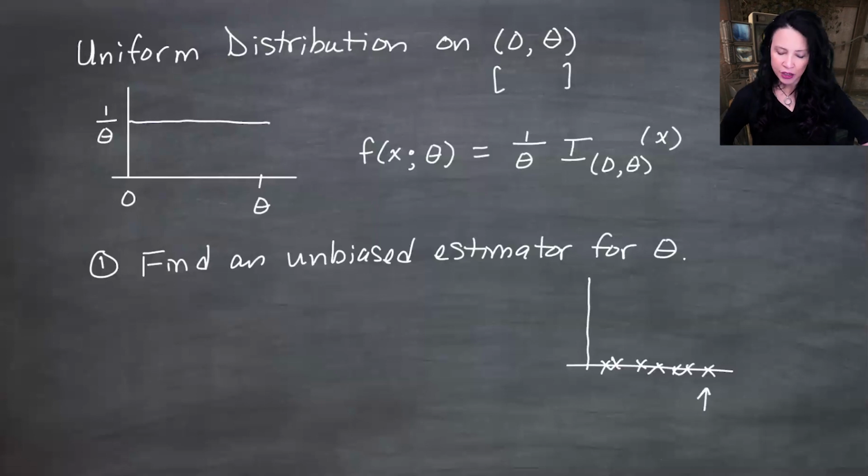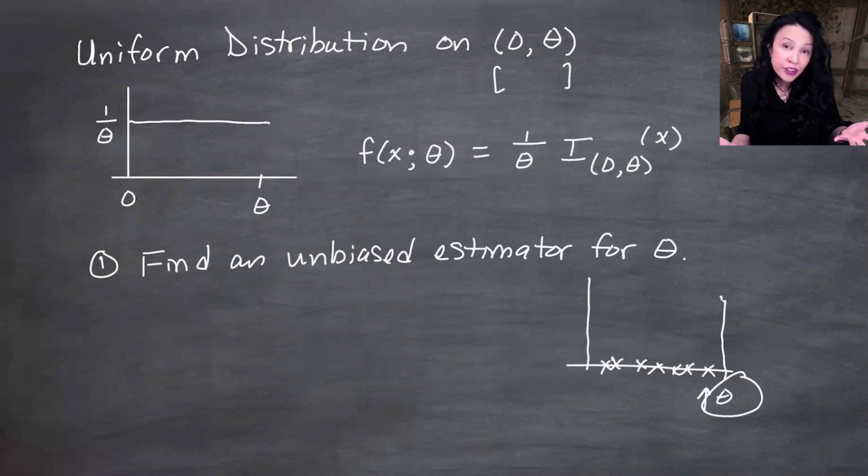But I also think that could be a little off, because unless we have a huge sample, as n goes to infinity, I don't think we're going to actually make it all the way up to theta. So I think we should look at the maximum for trying to estimate this right endpoint, but I don't believe it will be unbiased. But let's start there.